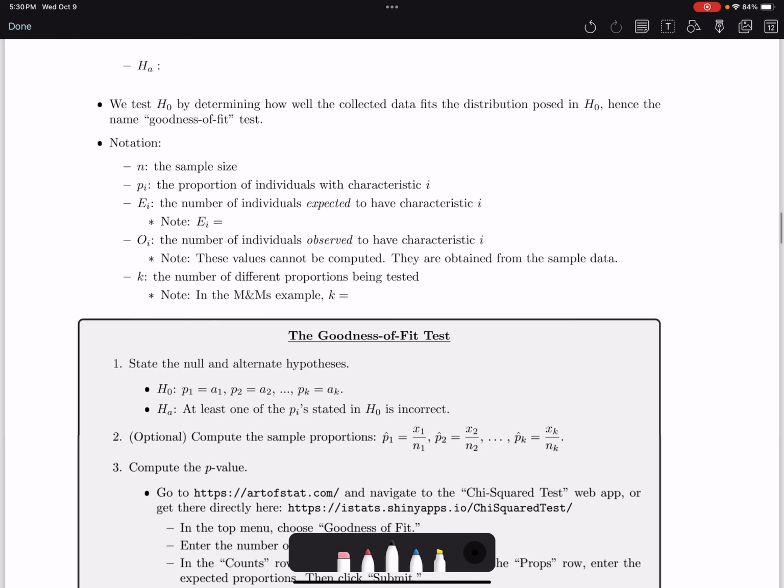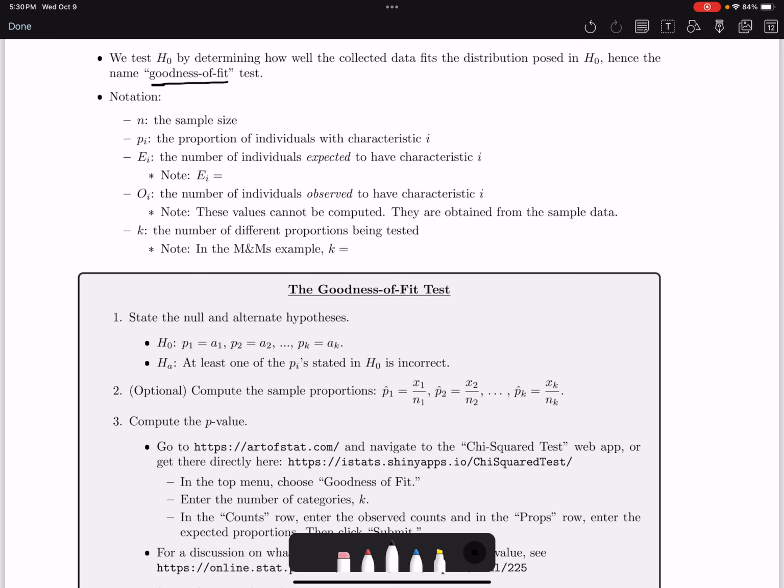Some notation to get us started here. Little n will be the sample size as usual. P sub I is the proportion of individuals with characteristic I. E sub I is the number of individuals who are expected to have characteristic I. Note that E sub I should be our sample size times the proportion of people with characteristic I, so n times P sub I. O sub I is the number of individuals observed to have characteristic I. Those values are not computed, they're obtained from the data.